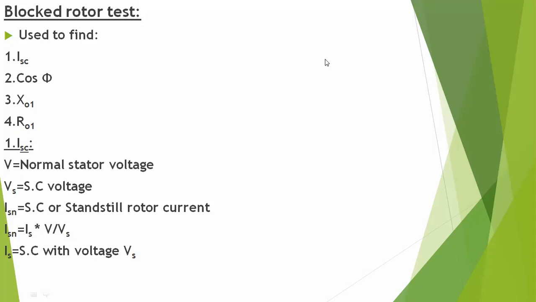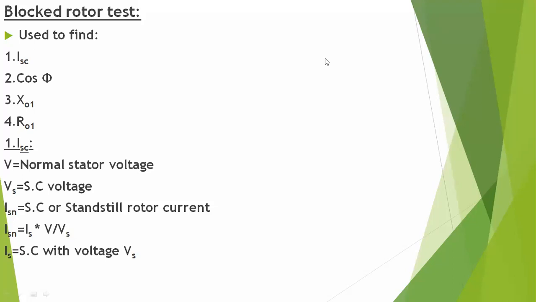Here slip S is equal to 1. If slip is taken as 1, the equivalent circuit of the motor is exactly like a transformer. In the previous equivalent circuit, I explained that if S is equal to 1 and R is equal to infinity, we can take it as open circuit.